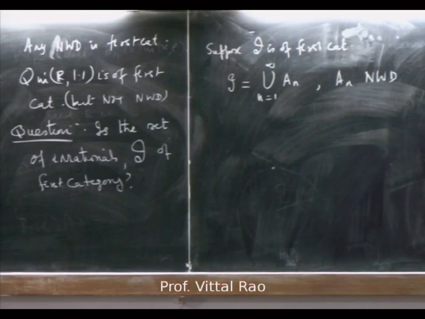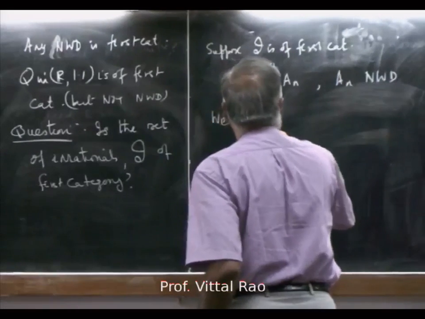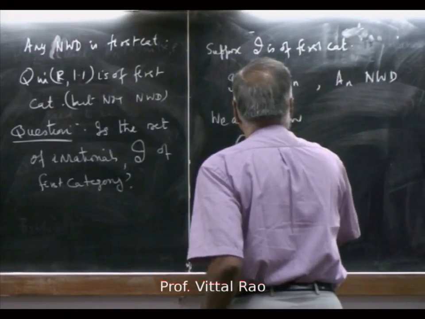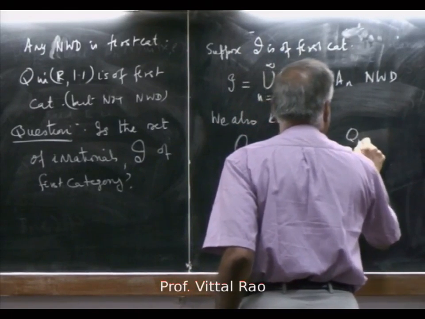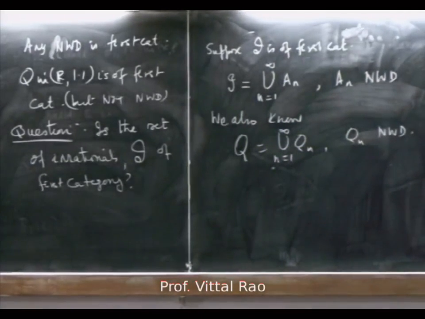But we also know Q is the union of nowhere dense sets, right? So this is a countable union, and this is a countable union. I put them both together, what will I get? Again a countable union of nowhere dense sets.